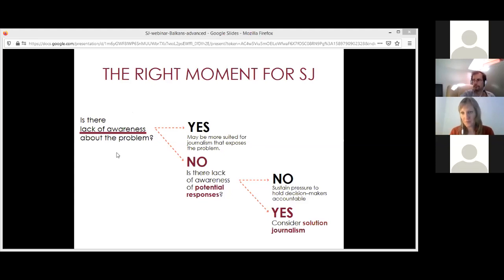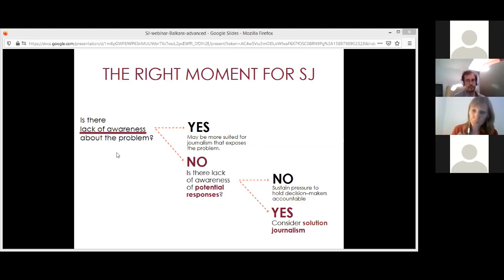But it can happen that it's a problem that everyone knows about already, and you don't need to talk about it for the millionth time again. So this is where you might be on a track to solutions journalism, but still not there, because maybe we even know what to do about the problem.